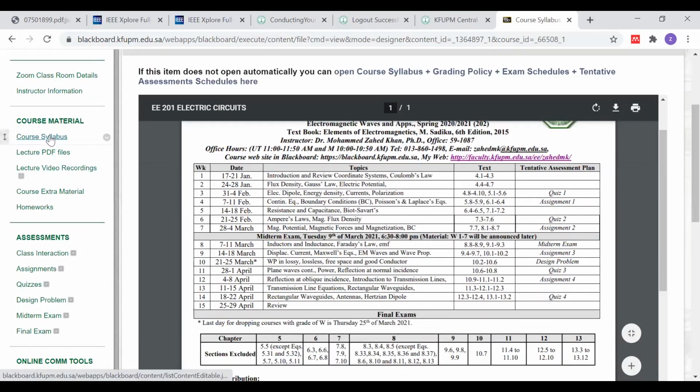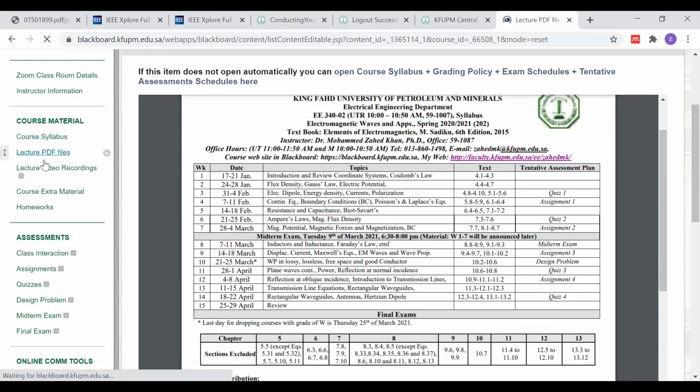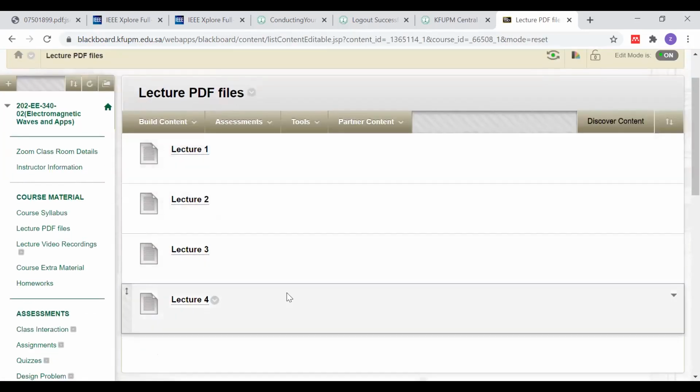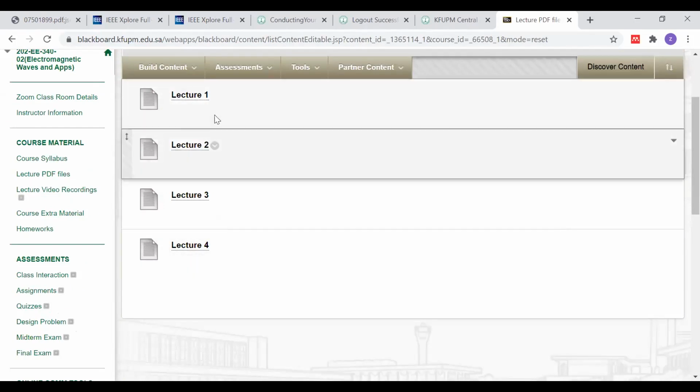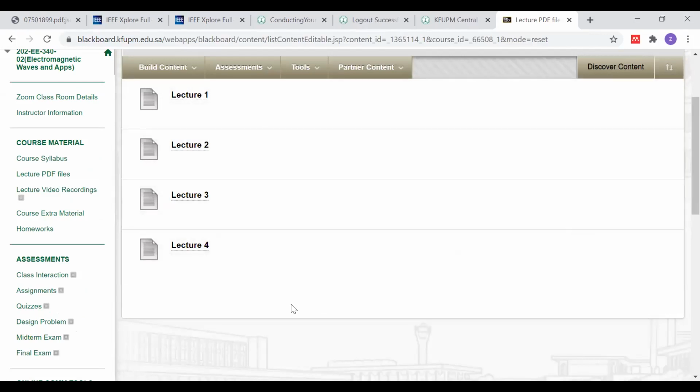So this is our course syllabus, and then these are the lecture PDF files. These are my notes. Instead of preparing slides, I have prepared PDF files, and I'm going to teach you from these notes. But please, this doesn't mean that you don't open the textbook. You have to open the textbook, because there are some very good examples done in it, and the textbook has very good exercises, a lot of problems.